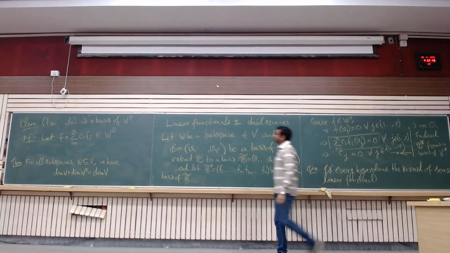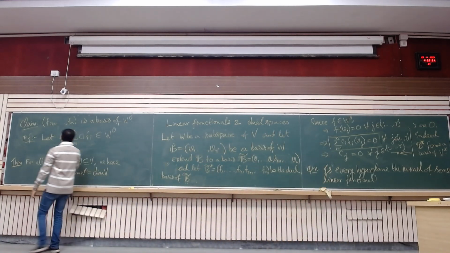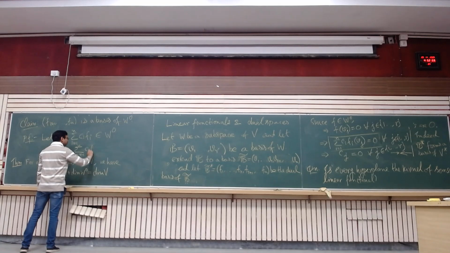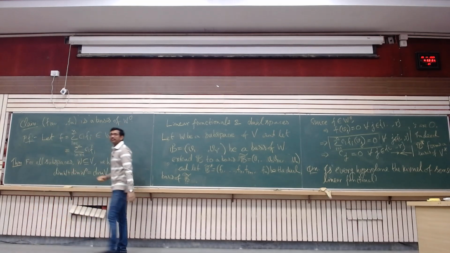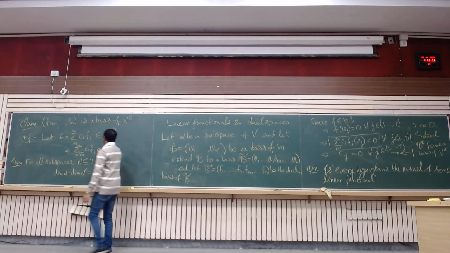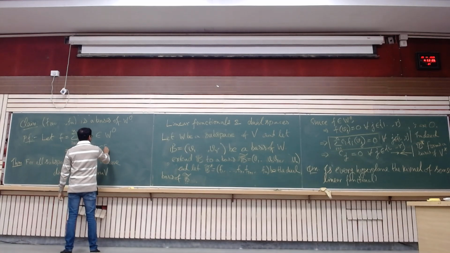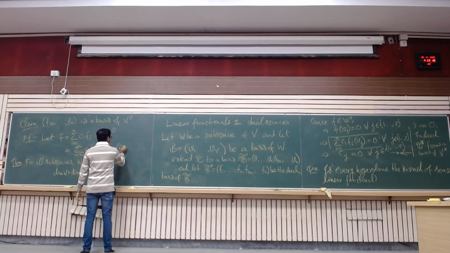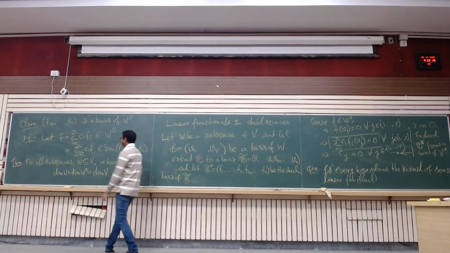What will that imply? That f is having this expression with i running from r+1 to n, because everything else is equal to 0. Okay. So that is inside the span of fr+1, ..., fn.